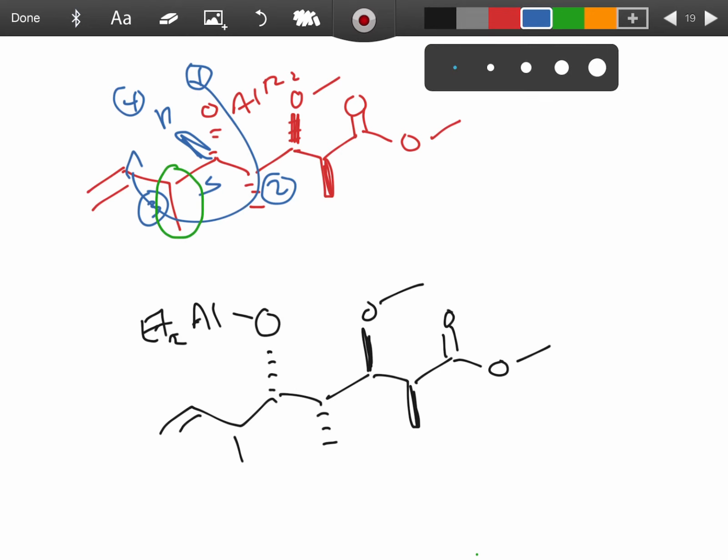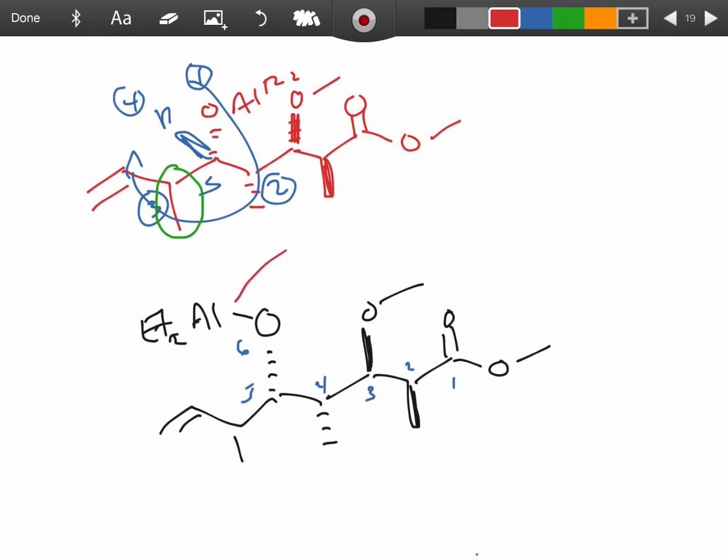And if you count 1, 2, 3, 4, 5, 6, this actually will close to make a lactone. So they start out with this acyclic thing, and they end up with, did I totally shortcut that there and not do the tetrahedral intermediate and close? I did, but that's fine. You end up making a lactone in the end.